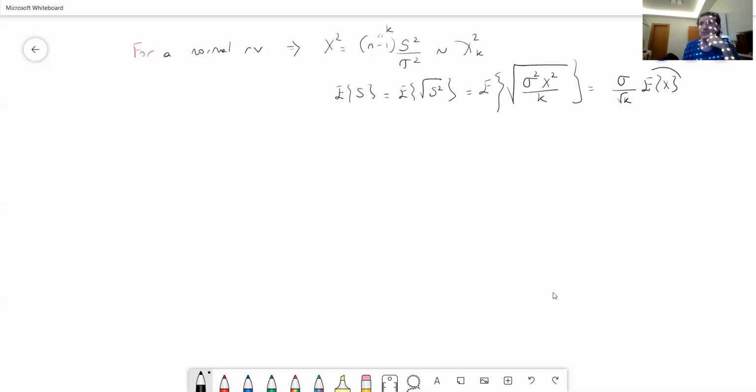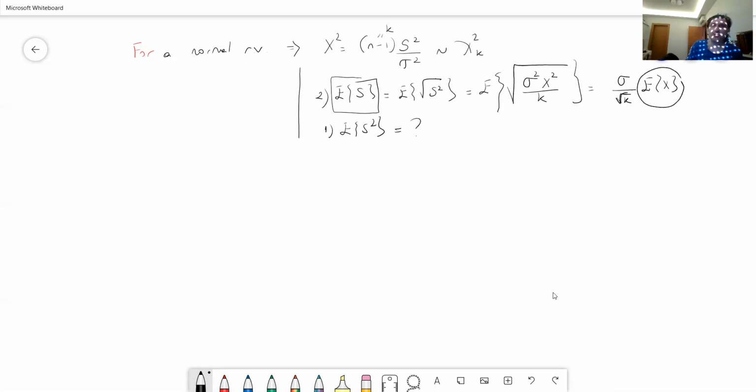So once we find the expected value of x, which is defined here, while multiplying by the population standard deviation and dividing by the square root of degrees of freedom, we are going to find expected value of S. But first, I'm going to show you how to determine expected value of S square using the chi-square random variable's density function. So I'm going to first find this, then determine this one.